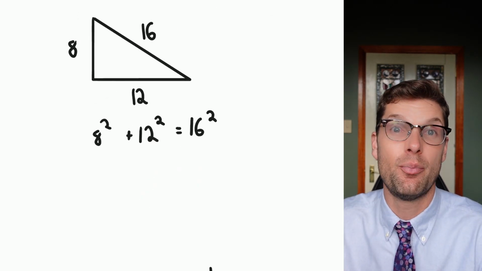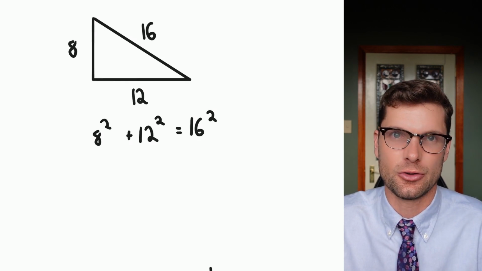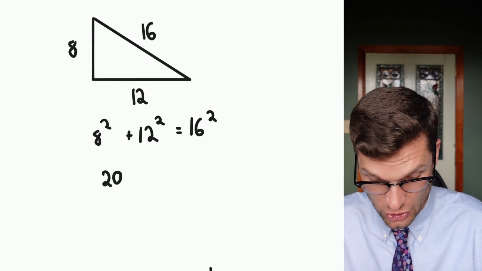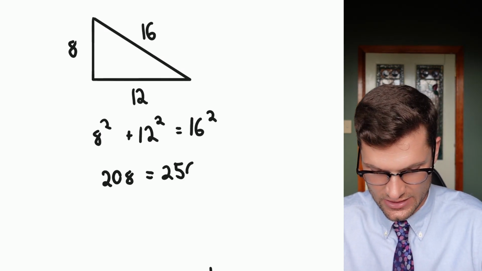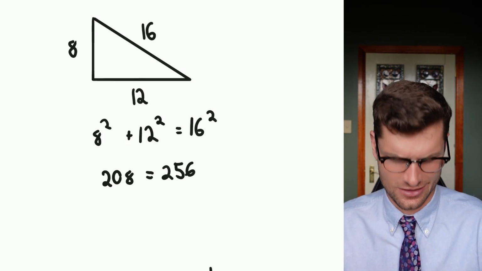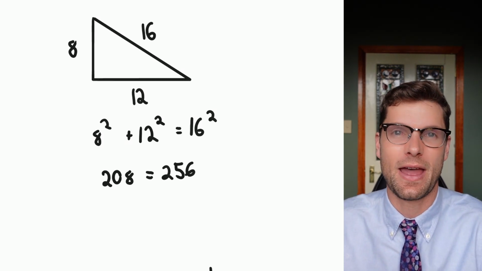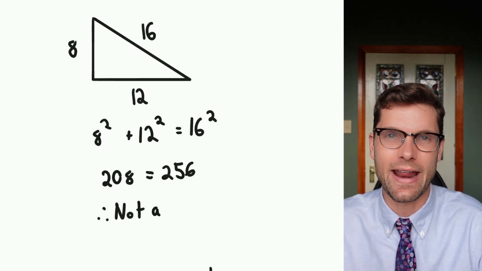If I type both of these into my calculator, I can compare the final result. 8 squared plus 12 squared is 208 and 16 squared is 256. Does 208 equal 256? No, this is now a false mathematical sentence, so therefore this is not a right angled triangle.